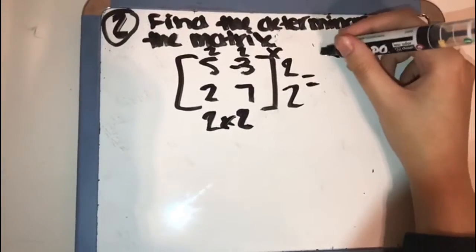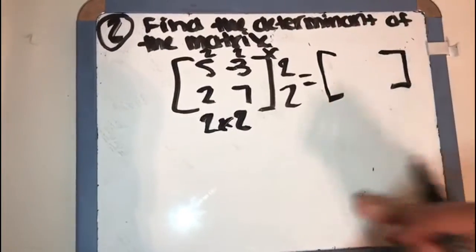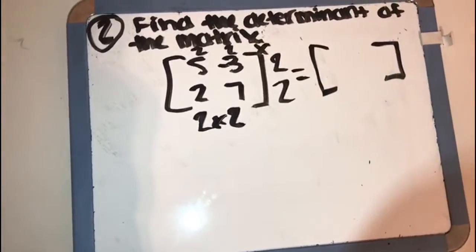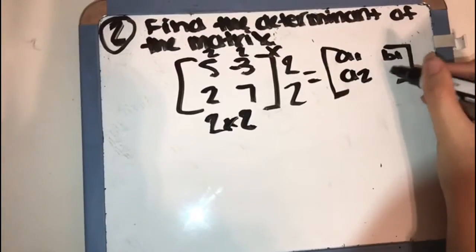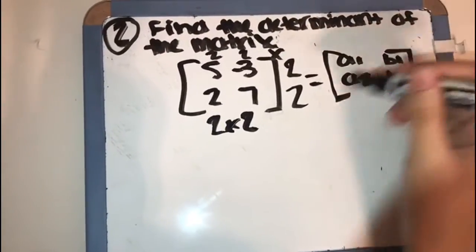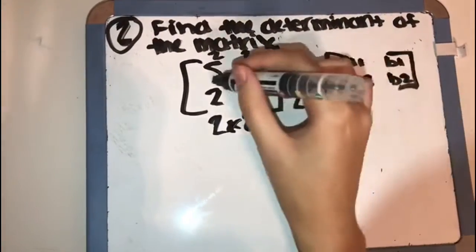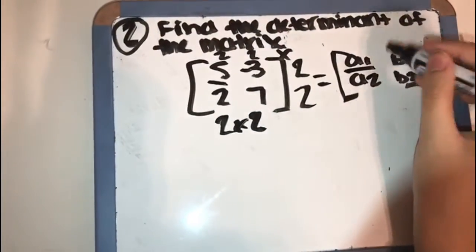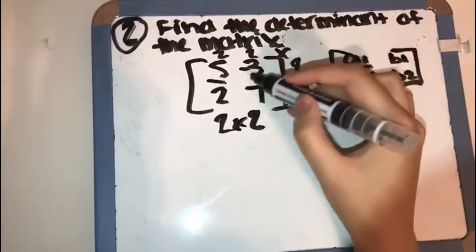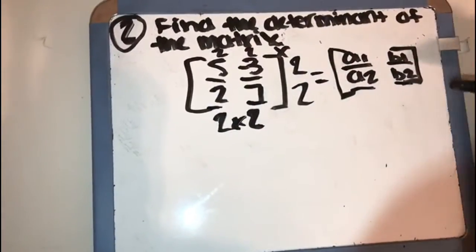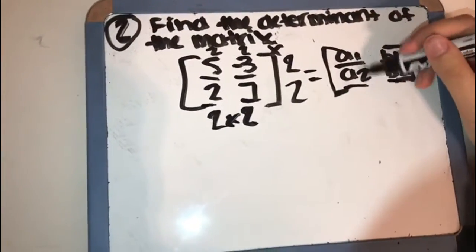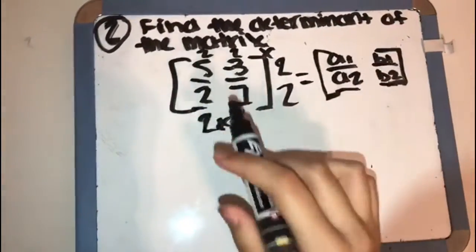The formula for the matrix in order to find the determinant is A1, A2, B1, and B2. 5 is A1, -3 is B1, 2 is A2, and 7 is B2.